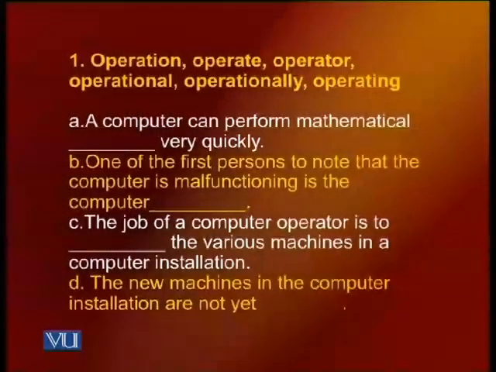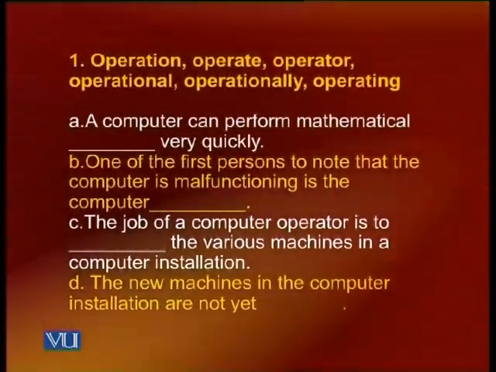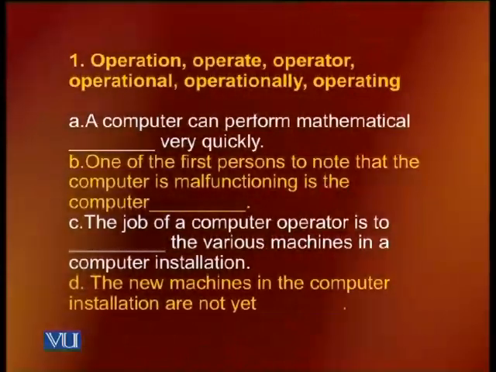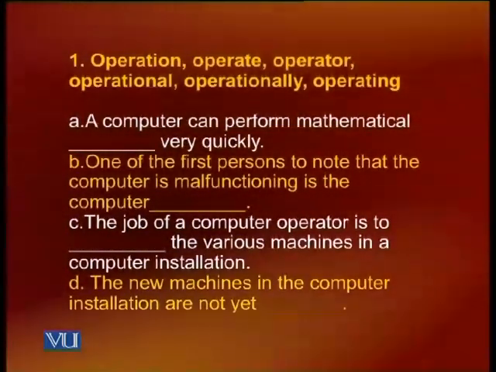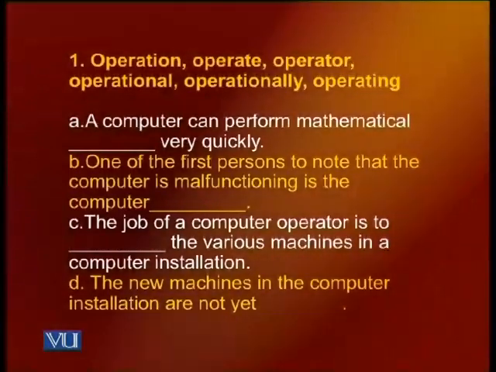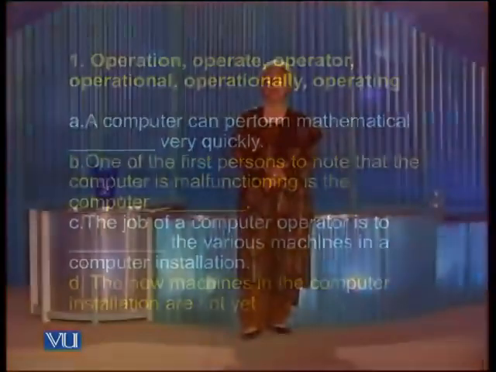And D, the new machines in the computer installation are not yet dash, and you have a choice over here. You can either add the ending ing, or add the ending al.